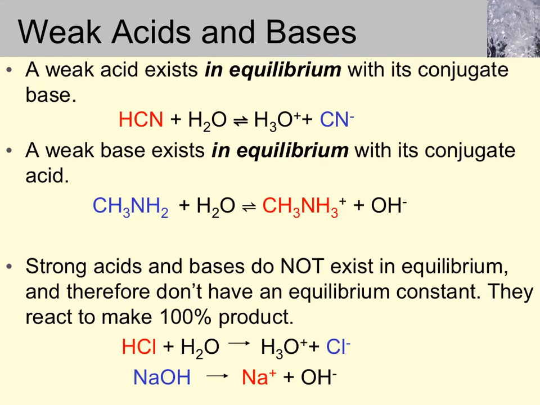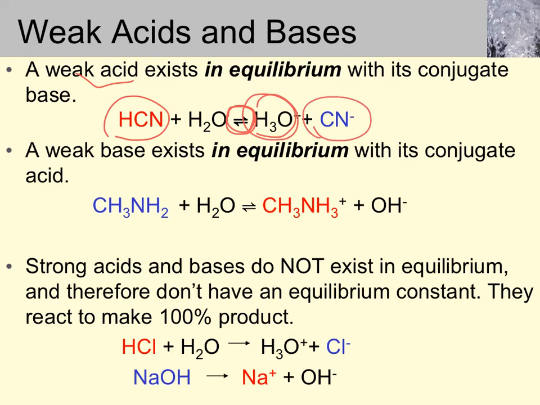I think if we look at a chemical equation for acids and bases, we can see that relationship a bit better. So we have HCN, which is a weak acid. Remember, all acids that are not those 7 you need to memorize are considered weak. So here's a weak acid, and all weak acids and bases exist in equilibrium. They don't 100% dissociate, and so like any acid, we get the hydronium ion and the anion left over.